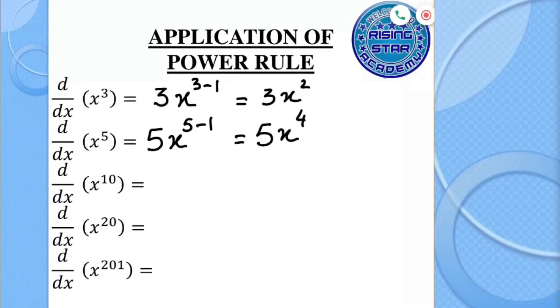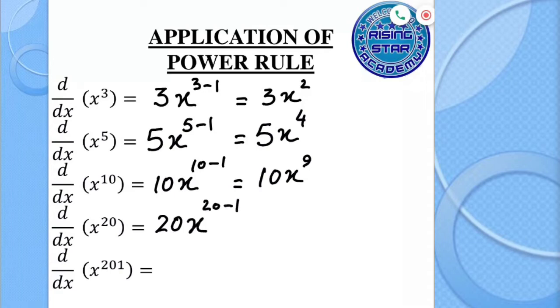Similarly, 10 is the power, so 10x, 10 minus 1, so 10x to the power of 9 is the answer. Similarly, x to the power of 20 gives 20x, 20 minus 1, that becomes 20x to the power of 19.